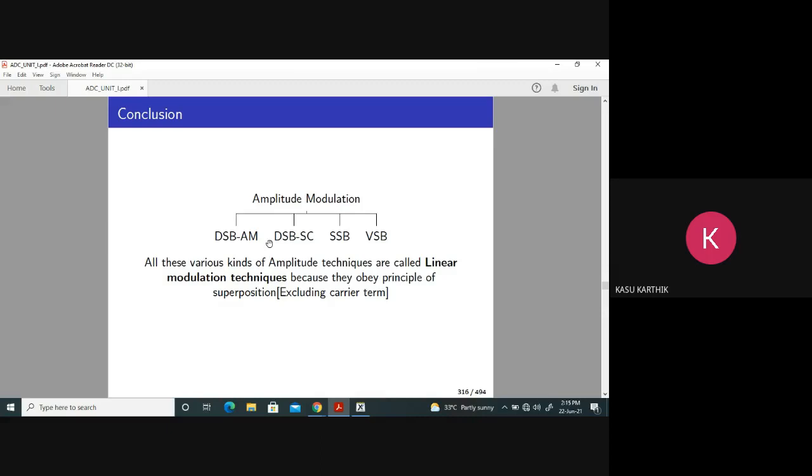As I told you already, it is always about trade-off. In general, there is no best technique, there is no ideal technique. It is always about trade-off, and the trade-off depends upon applications. So that is about amplitude modulation.